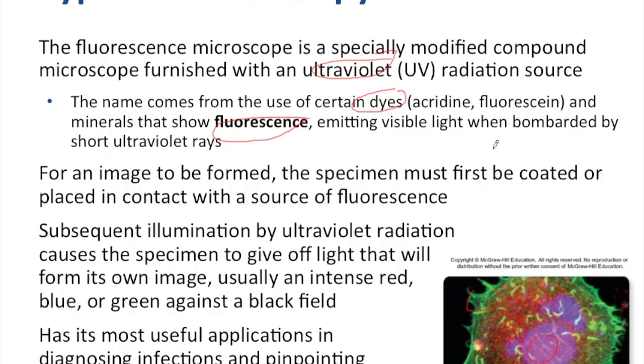Once we stain the cells with those three fluorescent dyes, we can shoot the samples with ultraviolet. The ultraviolet can stimulate the fluorescence, and then we can use the microscope to visualize the picture.